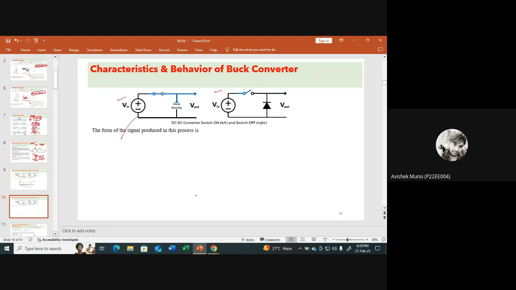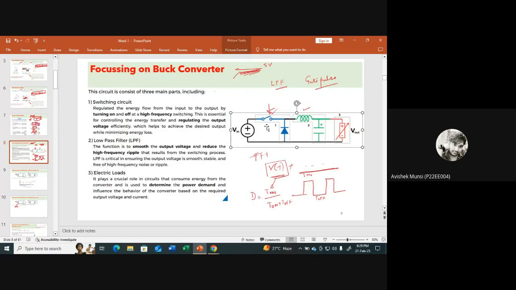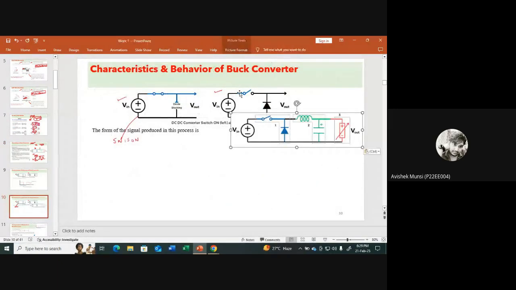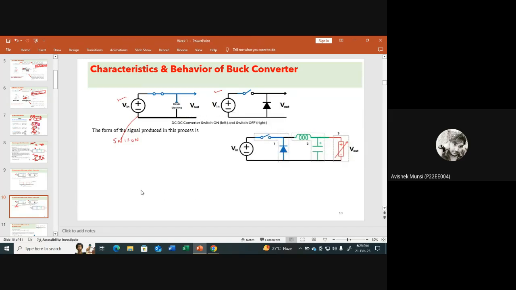So this is the case when the switch is on. When the switch is on, the equivalent circuit of this buck converter will be like this.